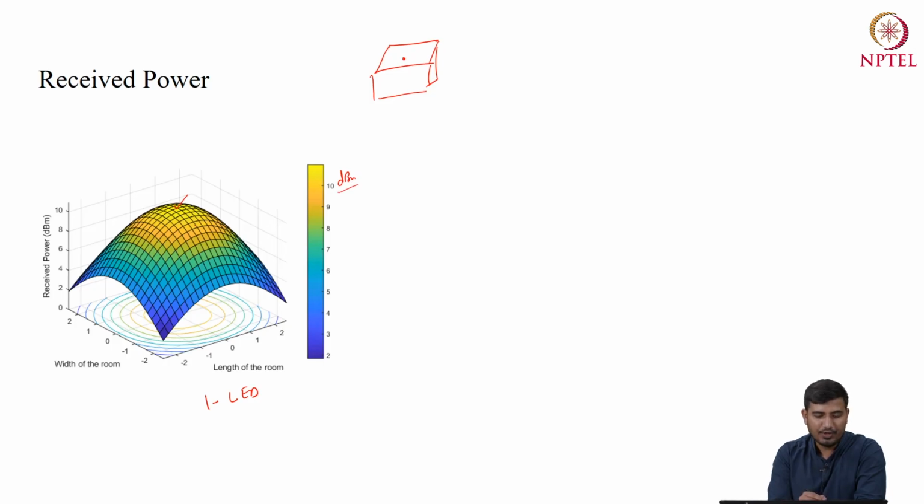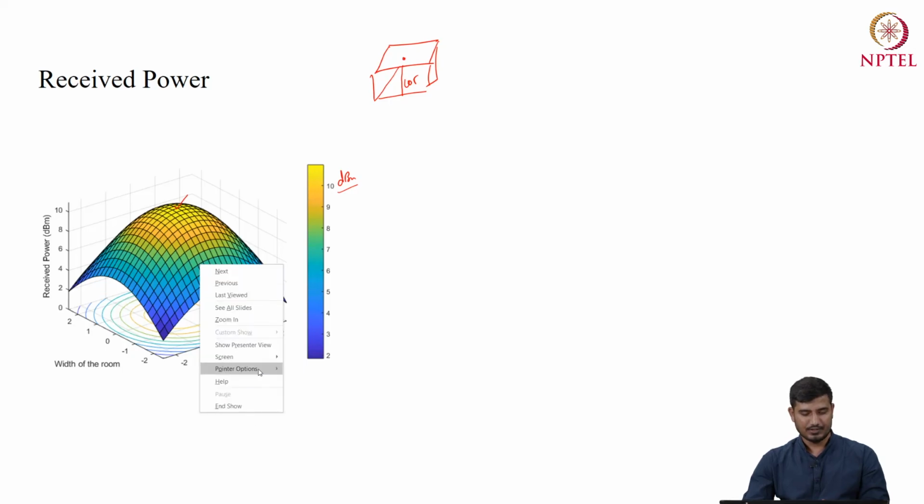And as we go towards the edge of the room, the distance increases, this being the minimum distance, which is exactly the line of sight, so the received power starts decreasing. So this is how the received power looks when your LED is mounted exactly at the center of the room.